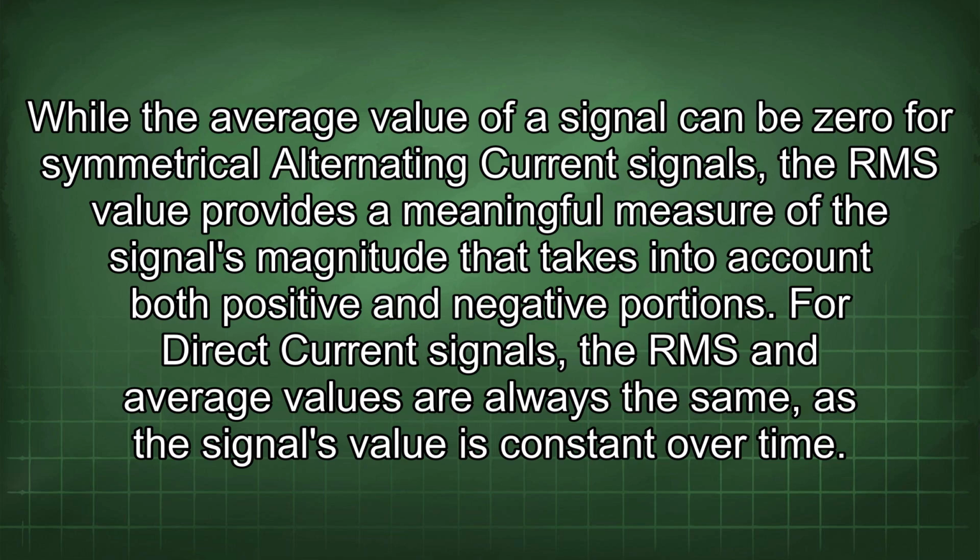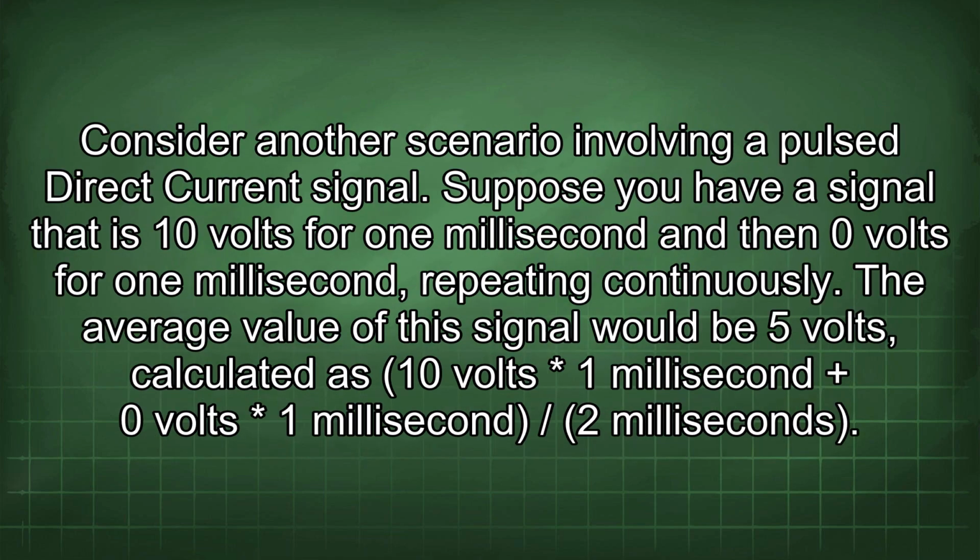While the average value of a signal can be 0 for symmetrical alternating current signals, the RMS value provides a meaningful measure of the signal's magnitude that takes into account both positive and negative portions. For direct current signals, the RMS and average values are always the same, as the signal's value is constant over time. Consider another scenario involving a pulse direct current signal.